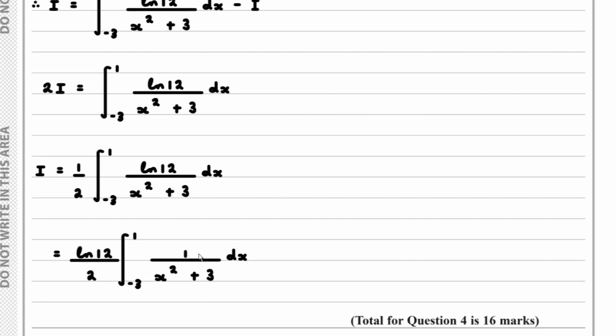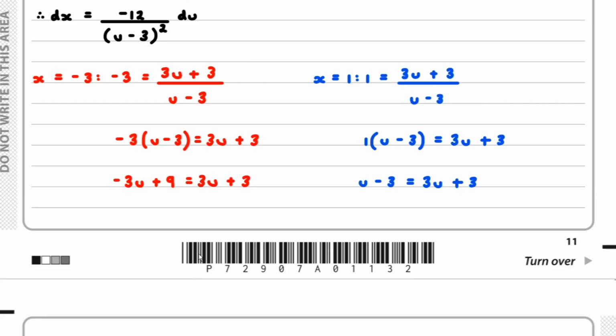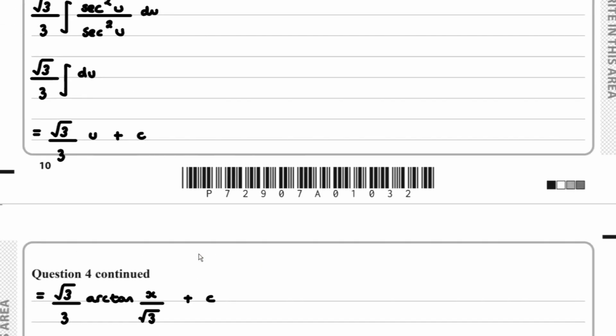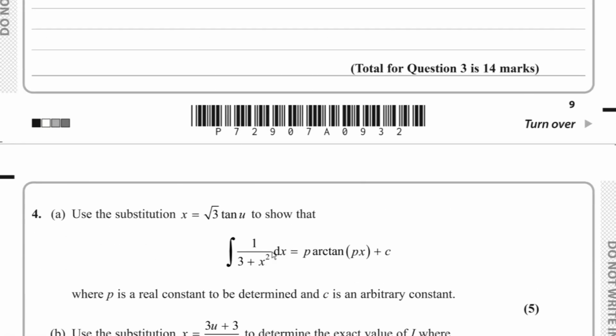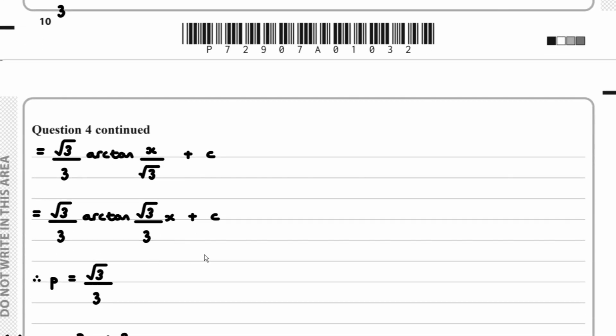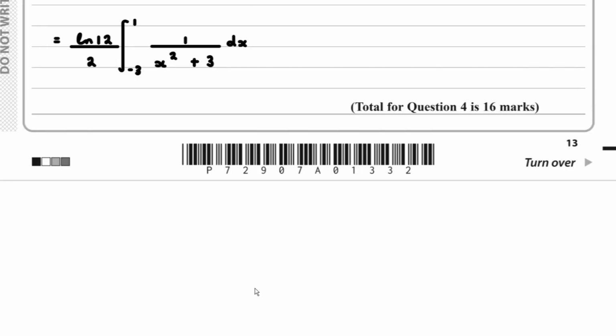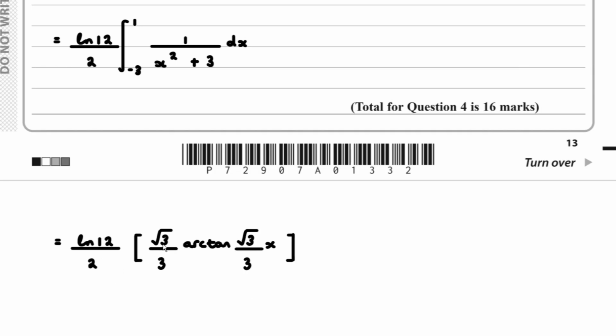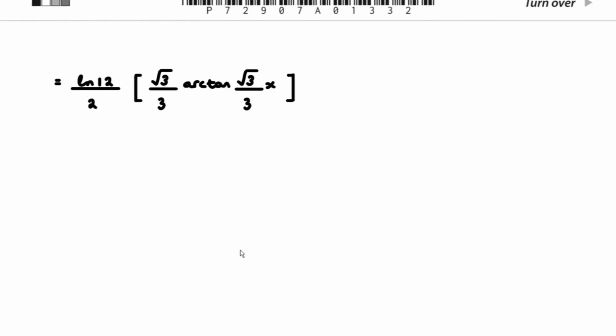And what you will find is this is exactly what we worked out in part A of the question. We found that to equal root 3 over 3 times the arctan of root 3 over 3 x plus c. So we've got the natural log of 12 over 2 times root 3 over 3 times the arctan of root 3 over 3 x between 1 and negative 3.